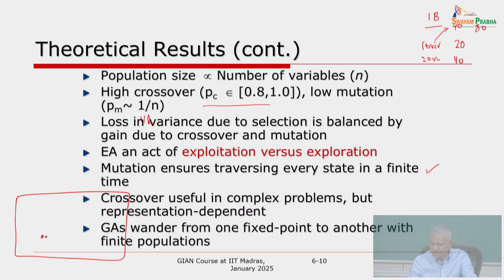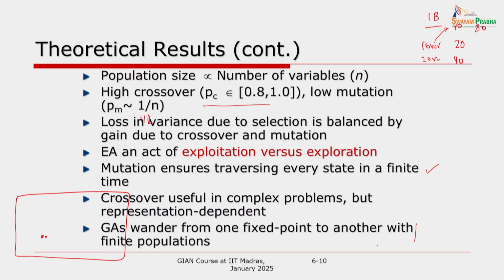The dynamical systems approach has given us this. When you do that Markov chain analysis, they do the infinite population model. So assuming there is an infinite population, you could go to a fixed point. Anyone who has taken a course in dynamical systems knows that there are fixed points where the system will get attracted. There may be multiple fixed points.